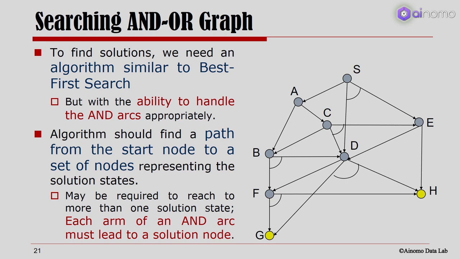Now we should realize that this is precisely because each arm of an AND arc must lead to a solution node. And this is something we must take care of when we are writing this algorithm, that after we realize that we have expanded a node and we have reached the solution nodes, we should go back and see if the parent can be marked solved.